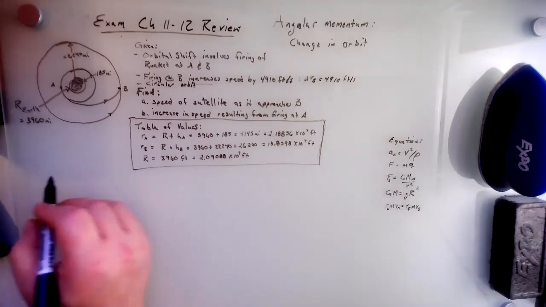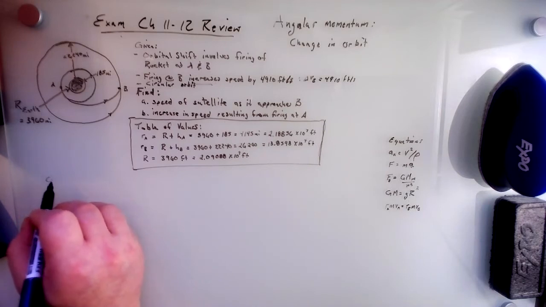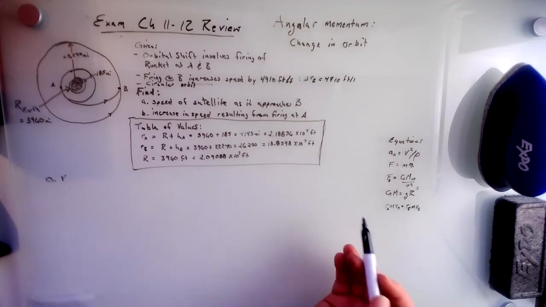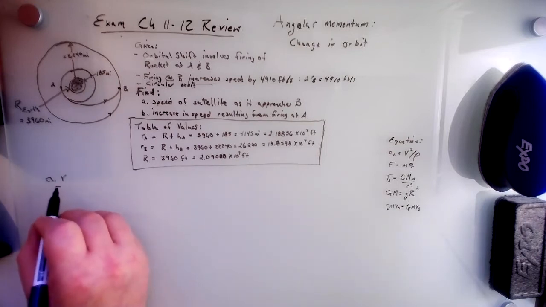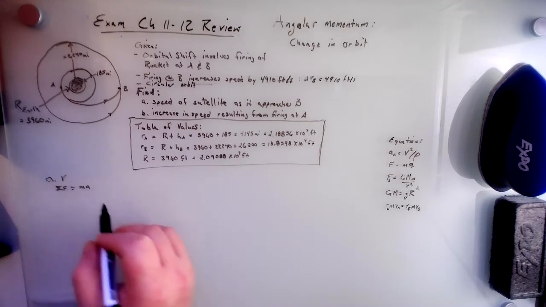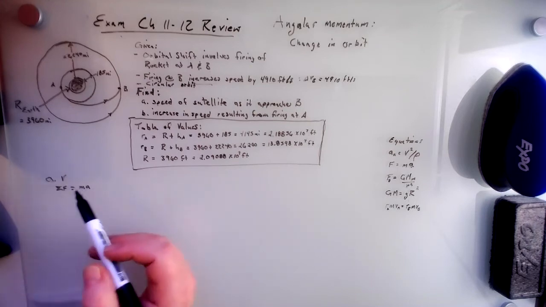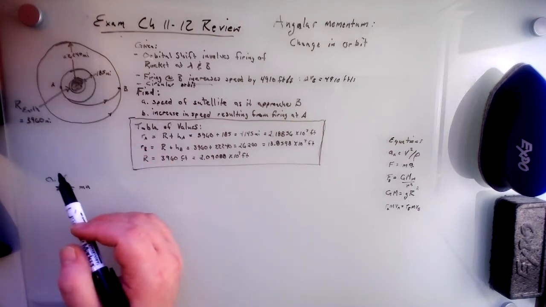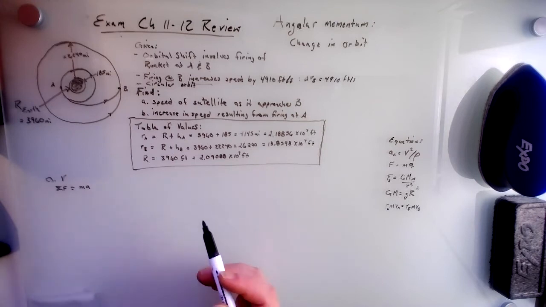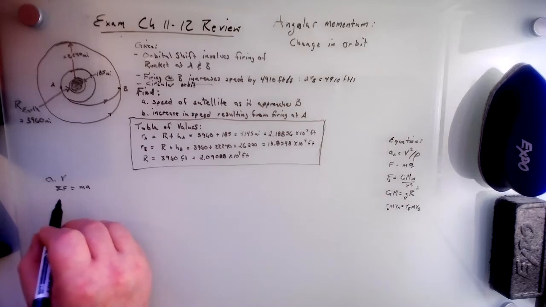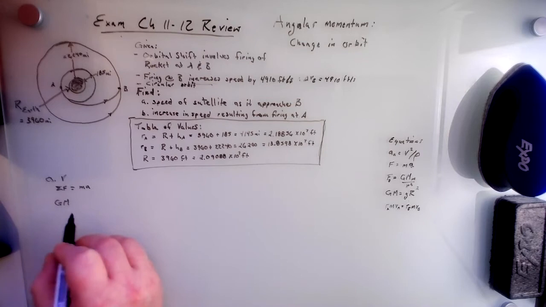So let's derive a general equation based on what we've got so far. We'll say A, and we want V. Sum of the forces, Newton's law: sum of the forces equals mass times acceleration. The sum of the forces for the satellite is limited to gravity. We can use the big gravity equation, G M m over R squared.